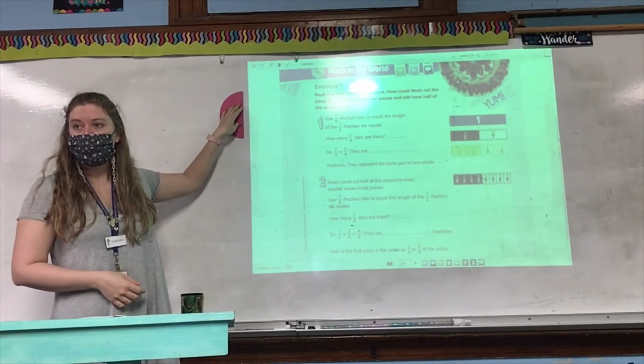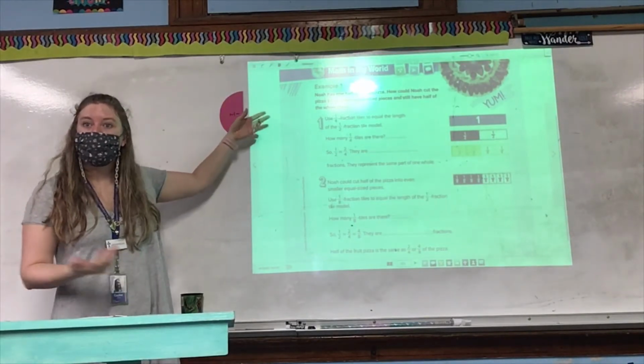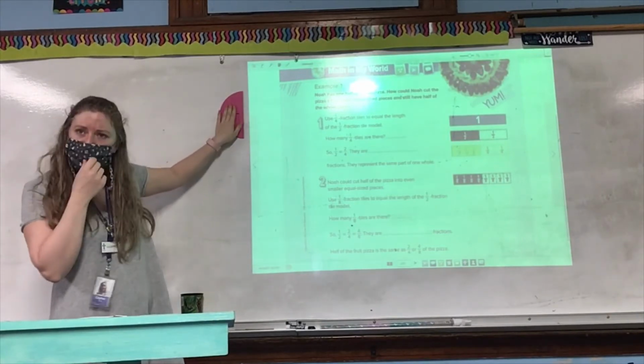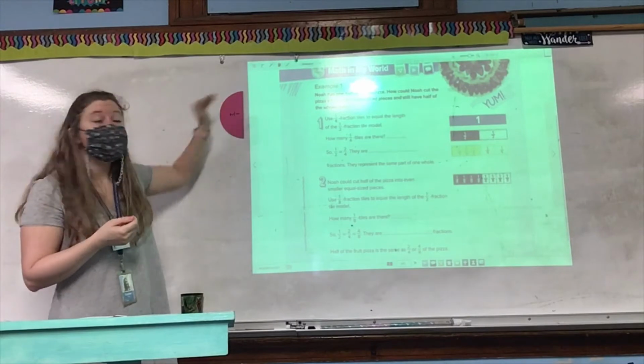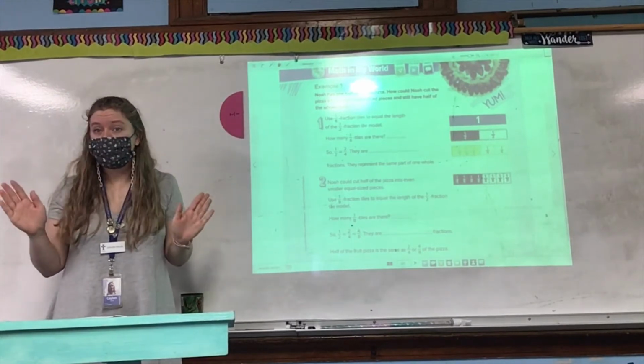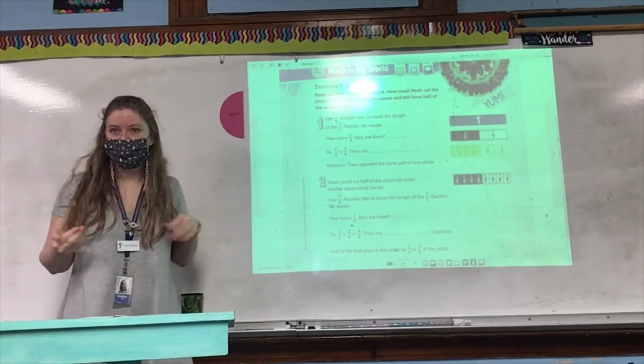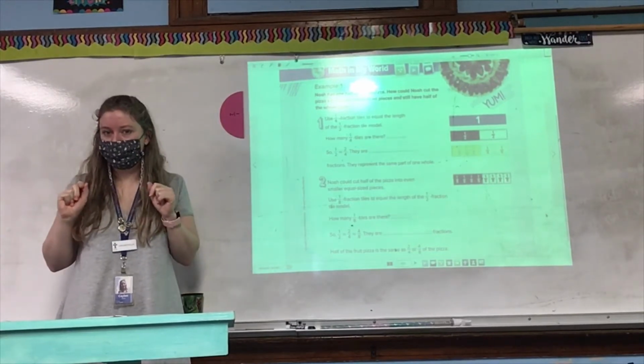It's big. That's not fair. There's lots of people. The whole family wants a piece. So how could we cut it so that each piece is exactly the same size? No one gets mad that somebody got a bigger piece than them, but we still have half the pizza. Nobody sneaks a little bit off.